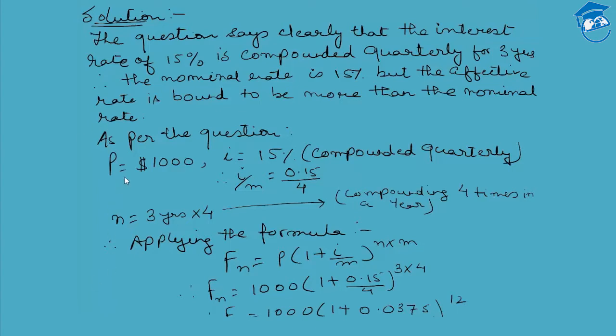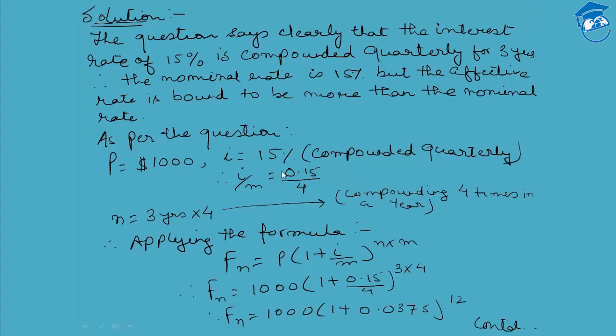So the P, as I already discussed, is 1000 USD, that is the present value. I is 15% compounded quarterly. Therefore, the I upon m shall be 0.15 upon 4, and n will be 3 years into 4. Why? Because the compounding is being done 4 times in a year. Once again, students, it is not that 15% into 4 is being given to Mr. William. Mr. William is certainly not getting 60%.